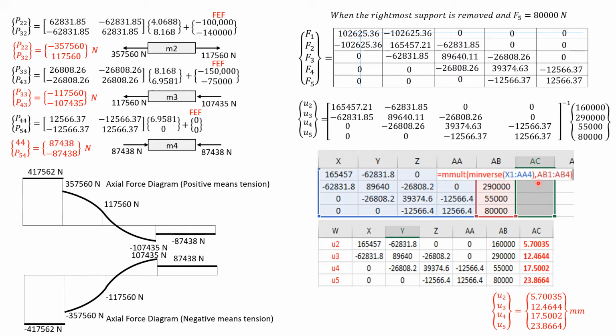And hold down control shift, then press enter, and you will get these values here.